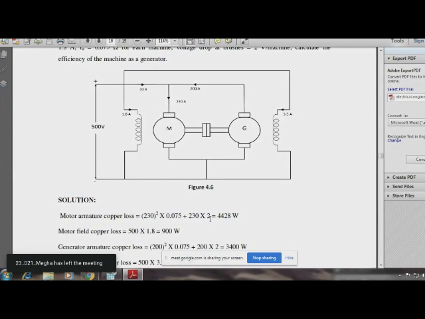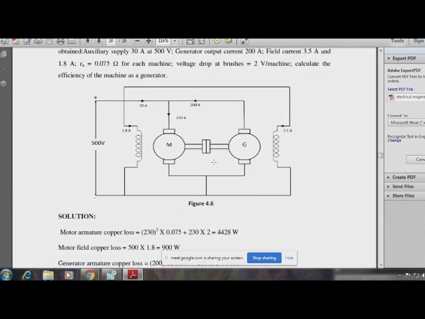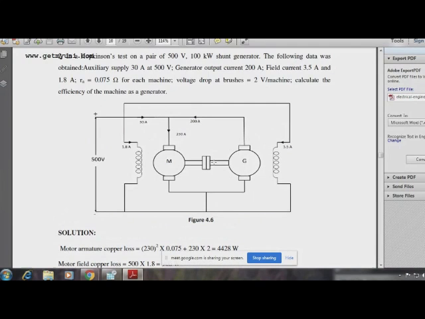What is this 230 into 2? Voltage drop at brushes. Very good. Exactly. Each voltage drop of brushes is 2 volt per machine.